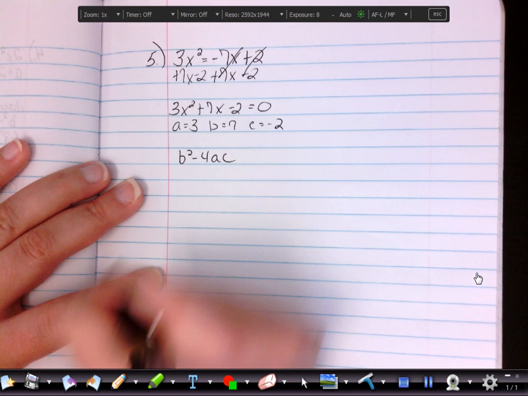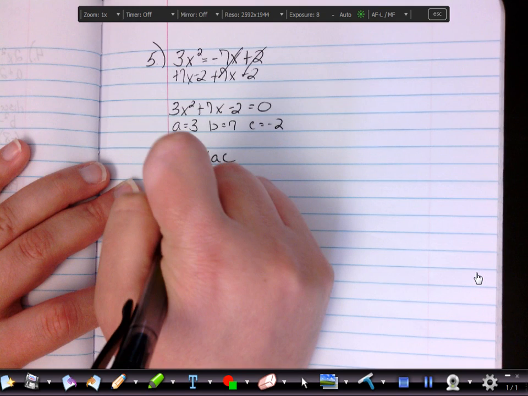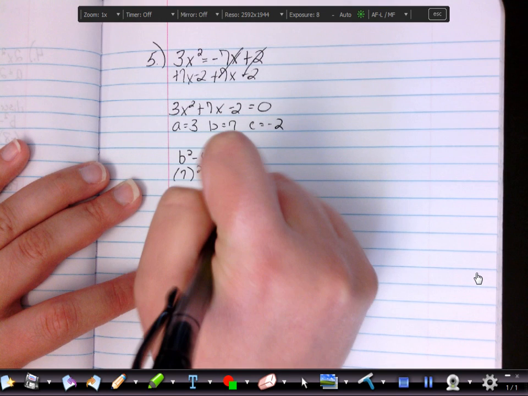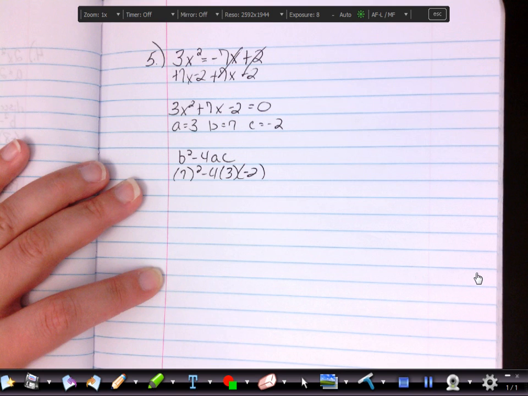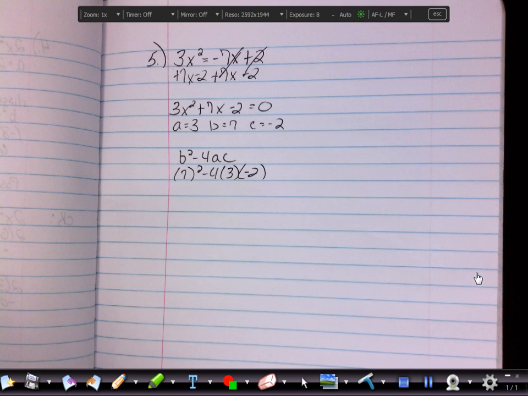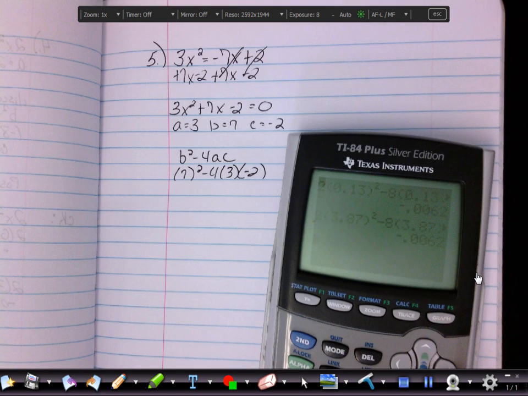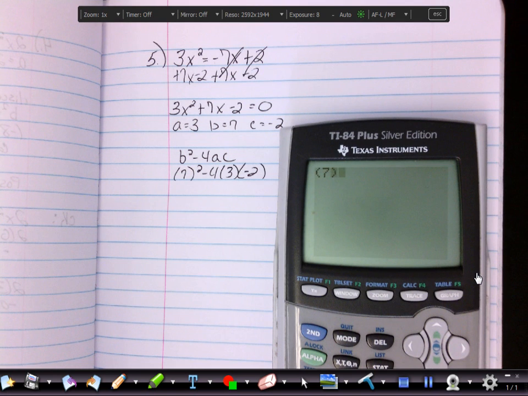So I'm going to plug those in. 7 squared minus 4 times 3 times negative 2. And I'm fine, especially in class and on a test, if you just want to plug all of that in your calculator at once and say parentheses 7 squared minus 4 parentheses 3 parentheses negative 2 and hit enter.